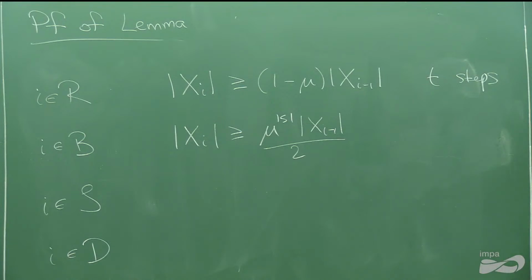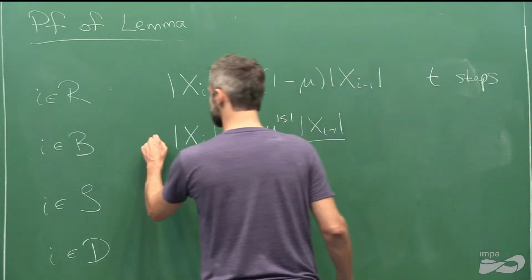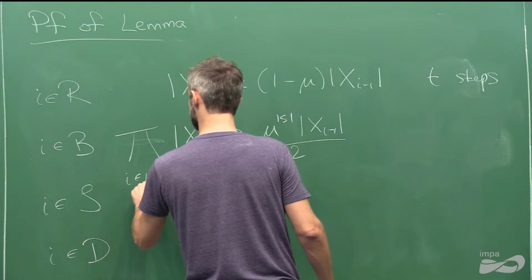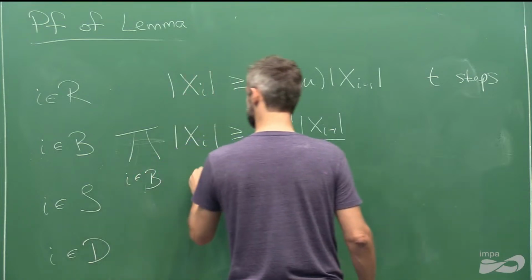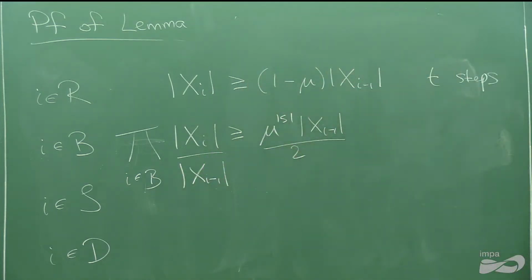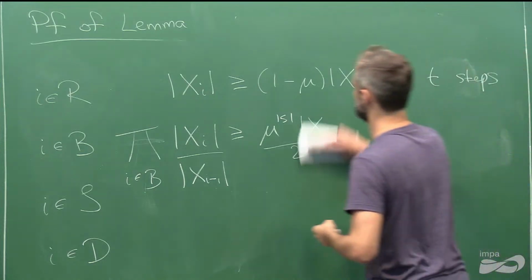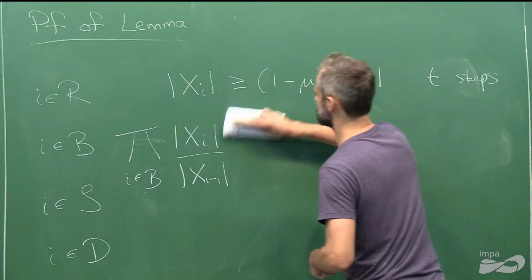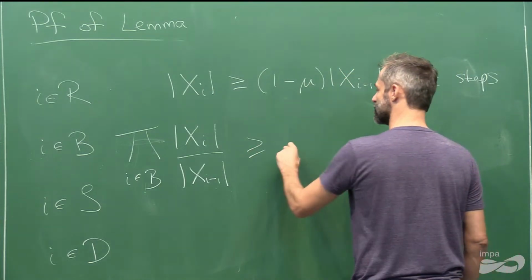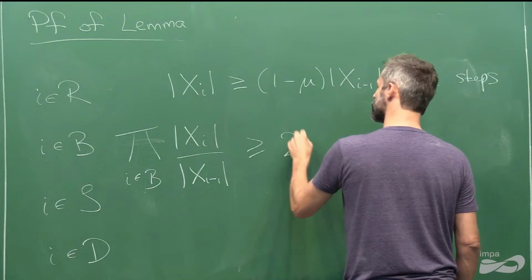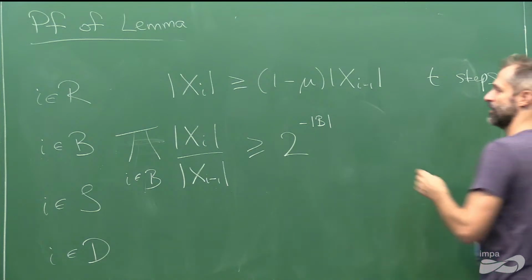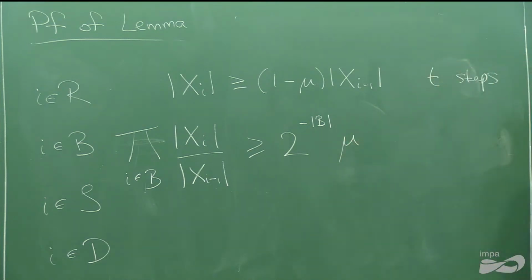So what we care about is the product over i in B of xi over xi minus 1. We take the product of all these things. What this says is this is at least 2 to the minus size of b for this error, times mu to the power what?